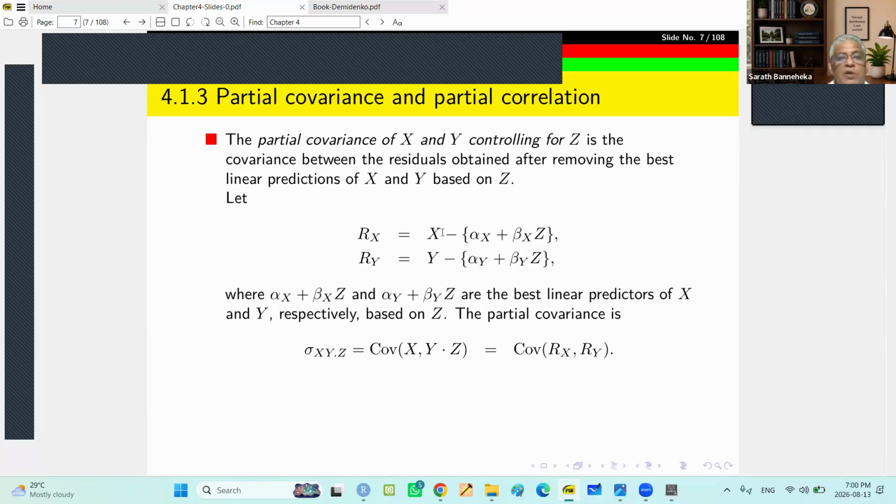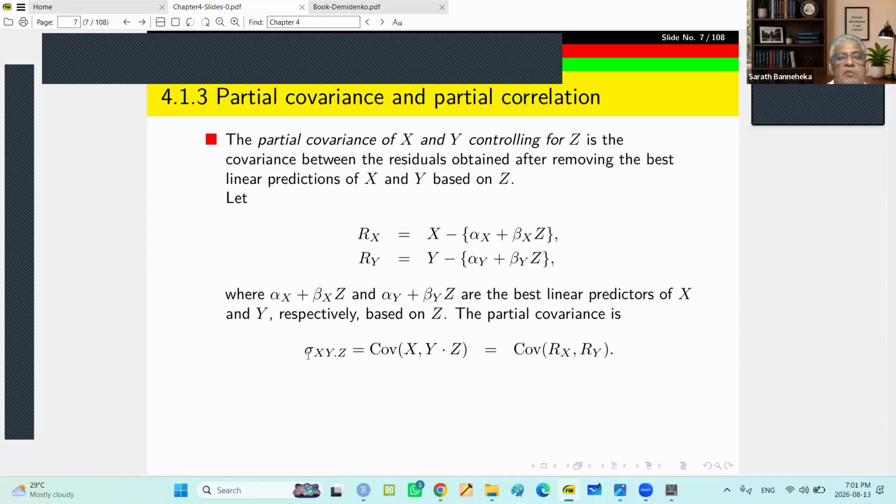So now if we look at the covariance between these two, that is called the partial covariance, the covariance between Rx and Ry. That is denoted by sigma xy dot z. Please remember that in the previous situation, when we looked at the conditional covariance, it was denoted by sigma xy, vertical line to indicate given, and then z.